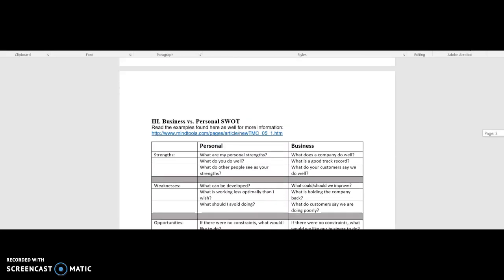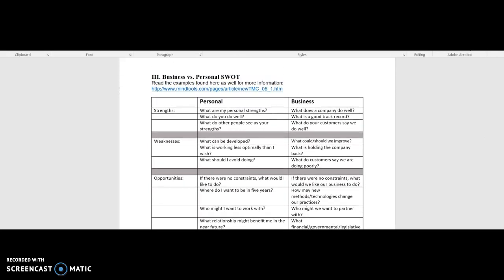Okay. Next part of the lesson is applying SWOT to our personal lives. There's an article in here about how you can do that in your personal lives. And it's really looking at a whole assessment, reflecting on your life, what you can change, what you have control over, what you're strong in, and then maybe looking at potential threats or opportunities that you can see.